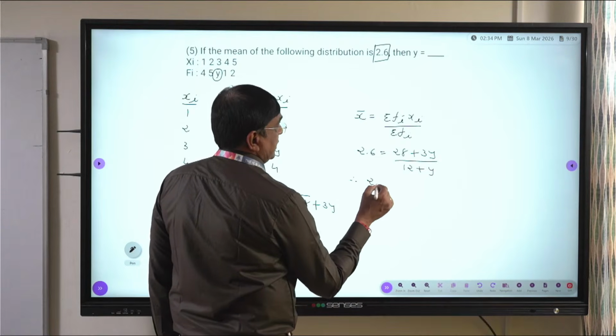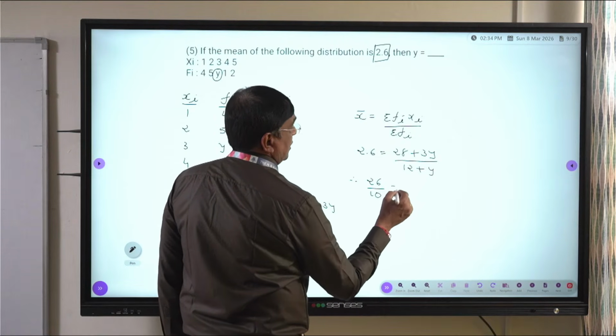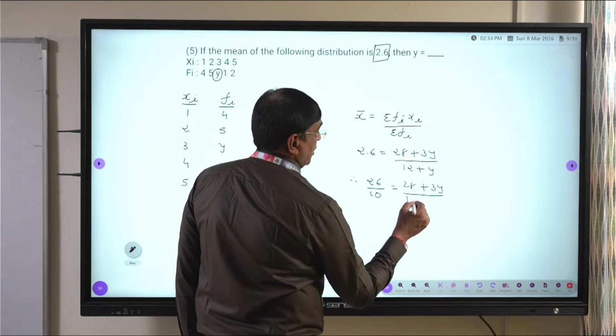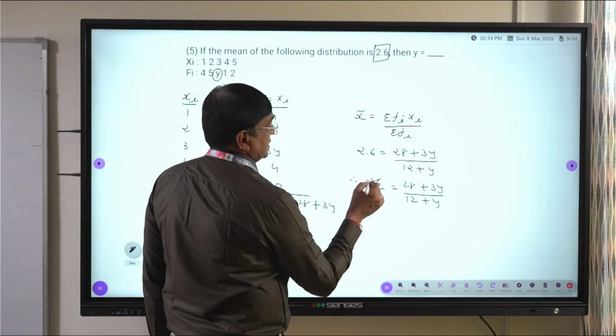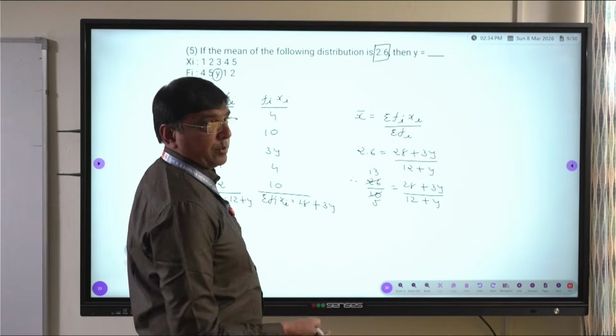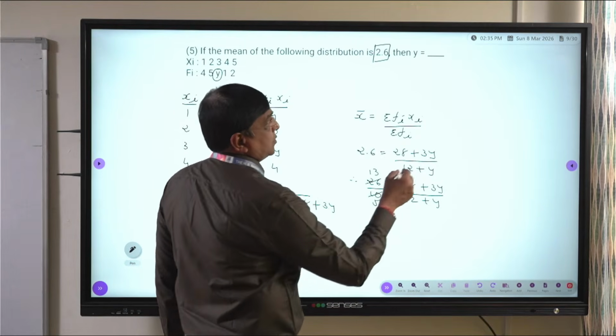26 by 10 equals 28 plus 3y upon 12 plus y. Cancellation. 13 and 5 cross multiply. 13 with 12 plus y.